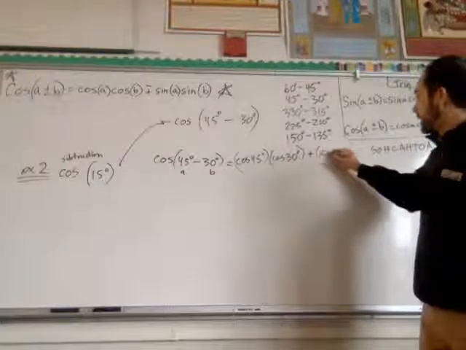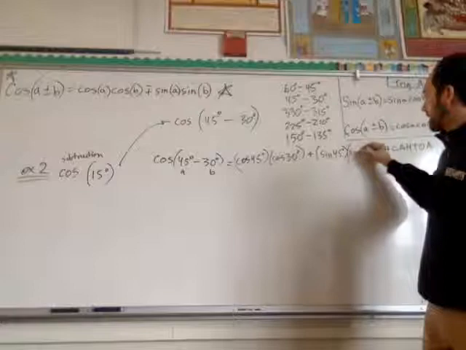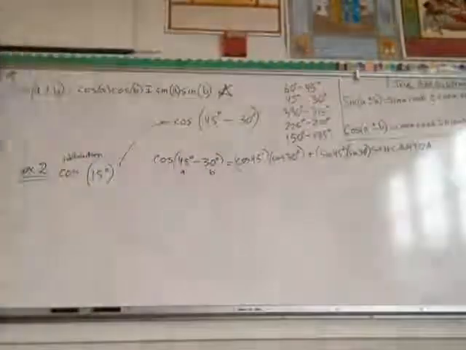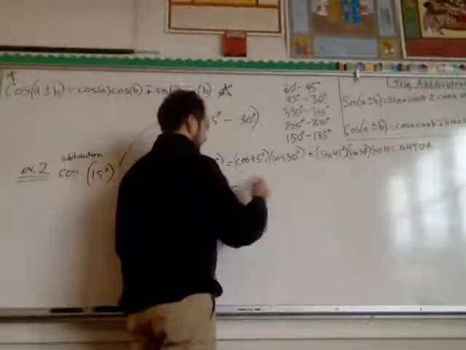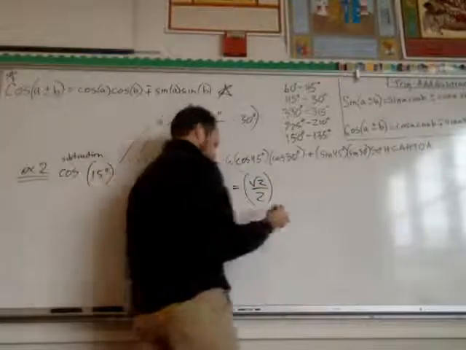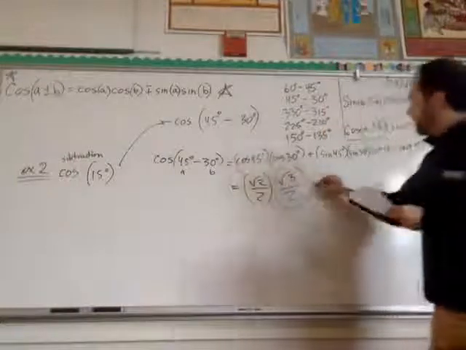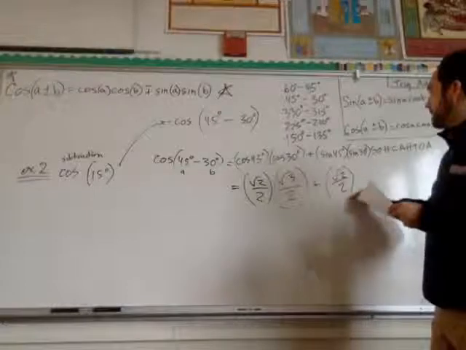So we'll go sine 45, sine 30. Okay, cosine of 45 is root 2 over 2. Cosine of 30, root 3 over 2. Sine of 45, root 2 over 2.